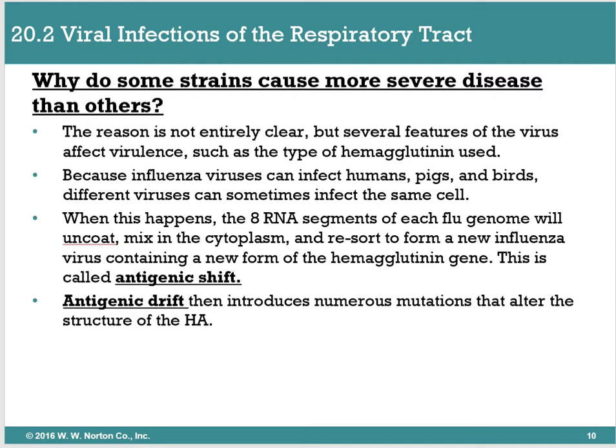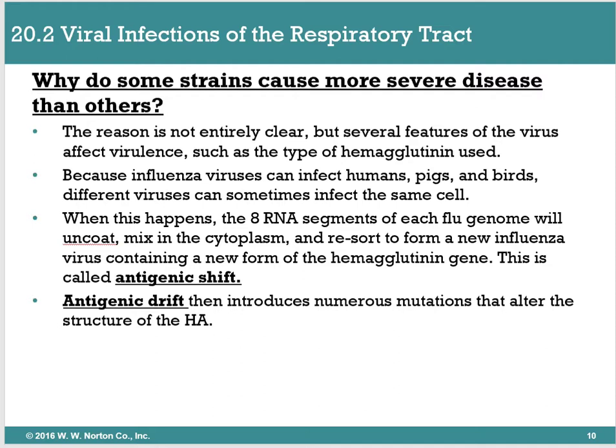that the flu genome, the sequences of its genome, will uncoat and mix inside the cytoplasm whenever it's multiplying. And then with that, it rearranges, and then you get a whole new virus. This happens a lot of times, almost all the time actually. But specifically, a lot of times it will form a new HA gene. The fact that it can form a new HA gene means it can bind even more, because the HA gene is specifically for binding.